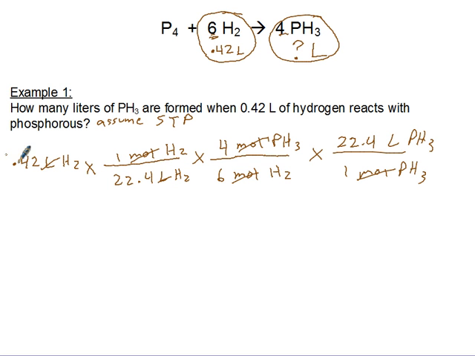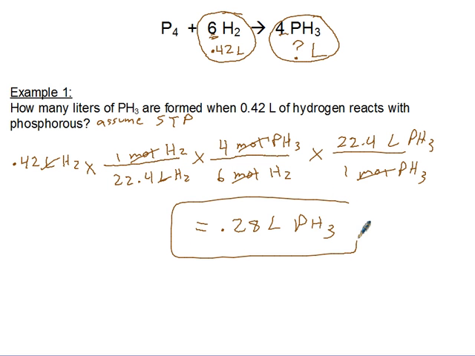And to do the work, I take 0.42 divided by 22.4 times 4 divided by 6 times 22.4, and I get an answer of 0.28 liters of pH3. Okay. Let's look at example number 2.